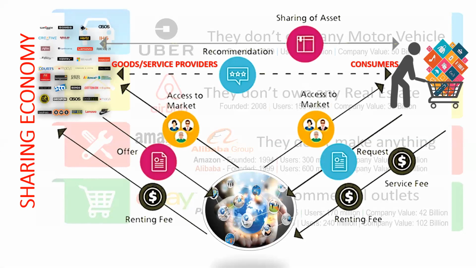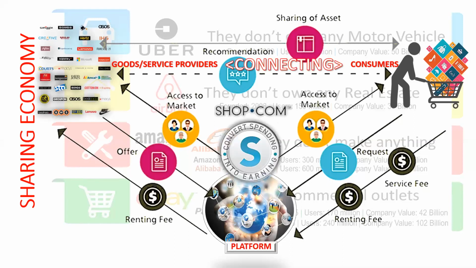And so what we have, as we mentioned in the previous slide, platforms like Uber, Airbnb, Amazon, Alibaba, eBay, PayPal, or even Facebook, they are these goods and service providers, and they would be connecting to the end consumers. And however, we have shop.com, which is using the same kind of sharing economy.